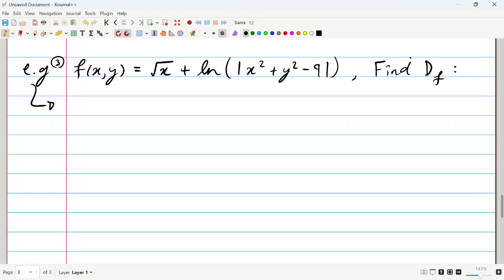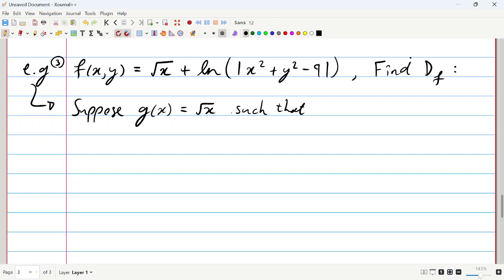Let's start with the first function within here, which is the square root of x. So I would say, suppose that g of x is equal to the square root of x, okay? What is the domain of this going to be then?